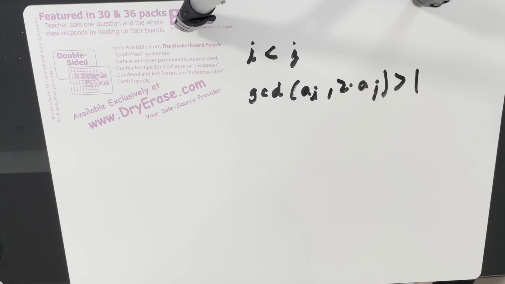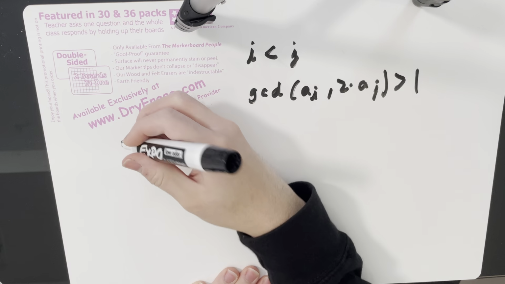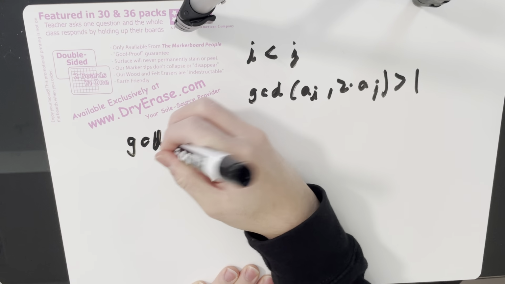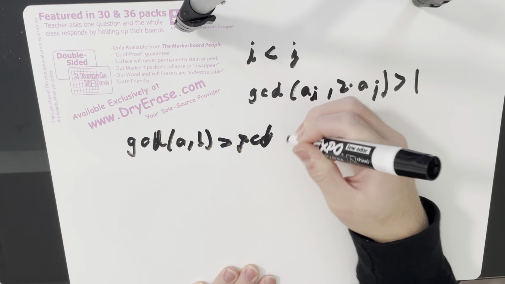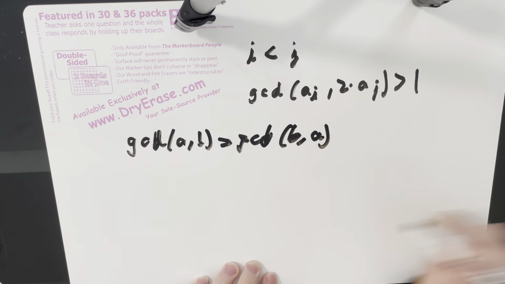So one thing to notice is that GCD is essentially a commutative function. What I mean by that is the GCD of A and B is always equal to the GCD of B and A, right?